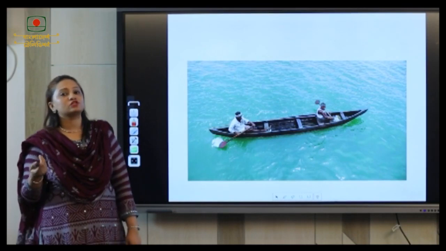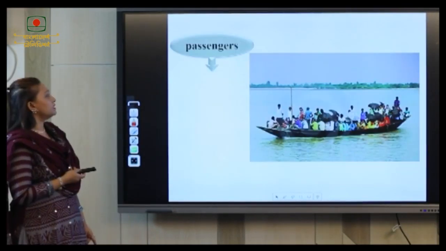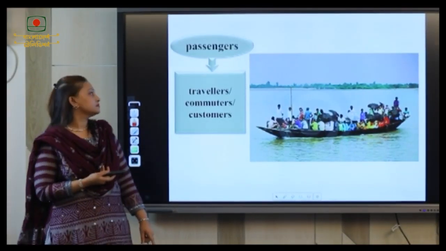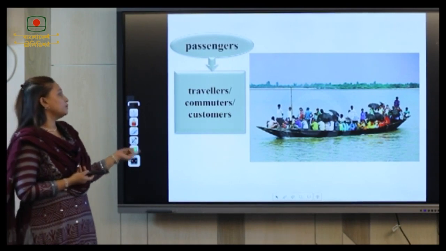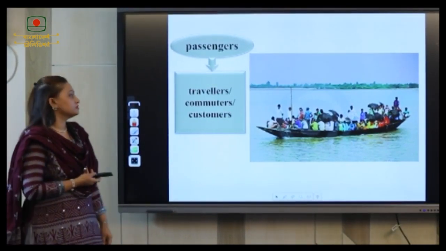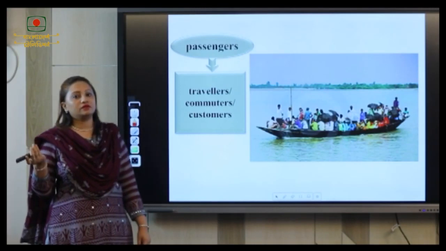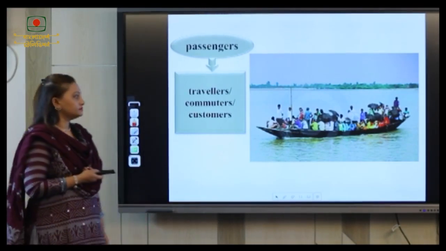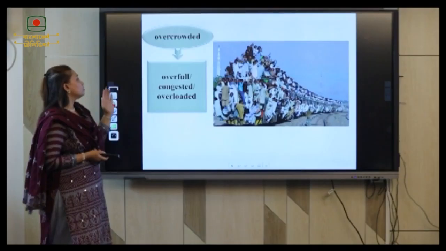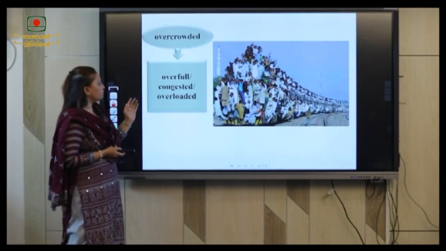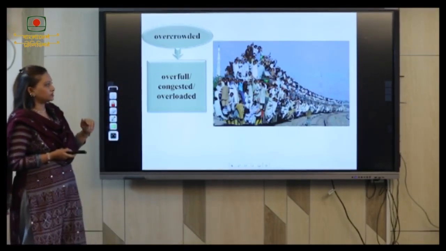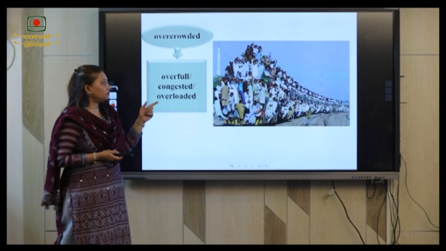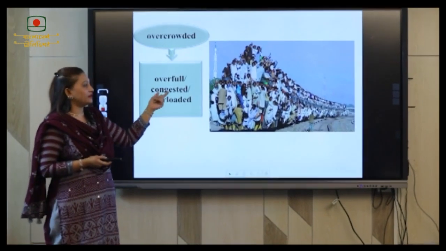In your book, it's page number 42. What is the meaning of passengers? Travelers, commuters, customers. If you can, write down the meanings as well. What is the meaning of overcrowded? Overfull, congested, overloaded. Okay, so there are lots of people, and they are smiling.